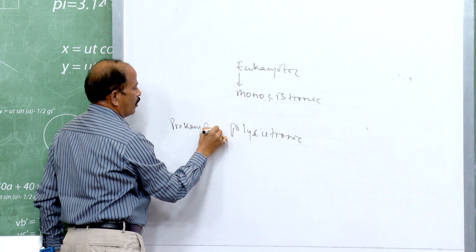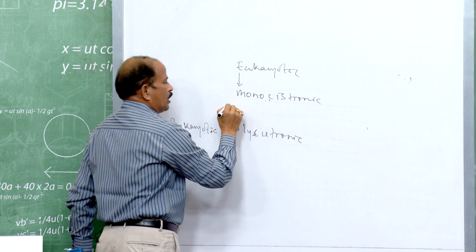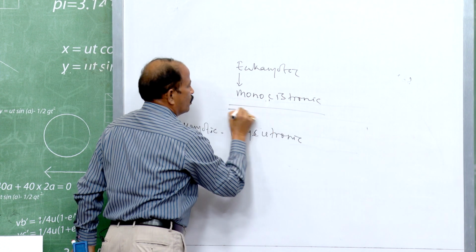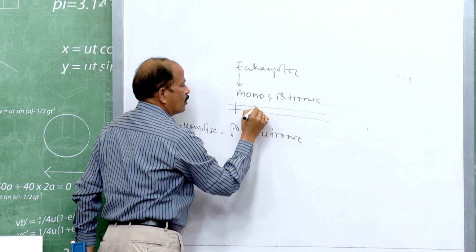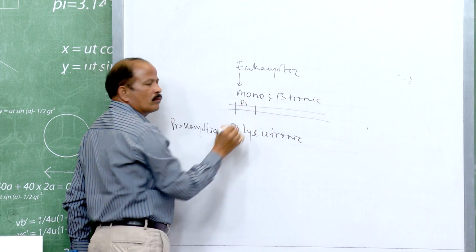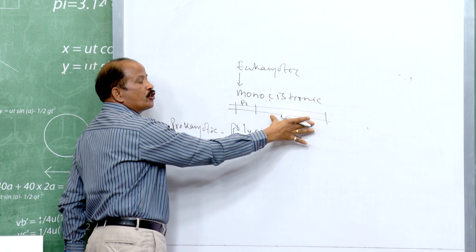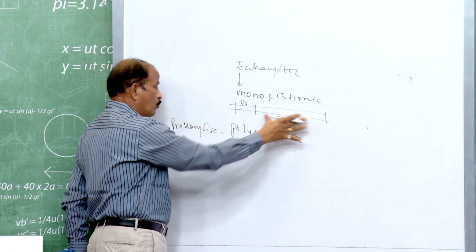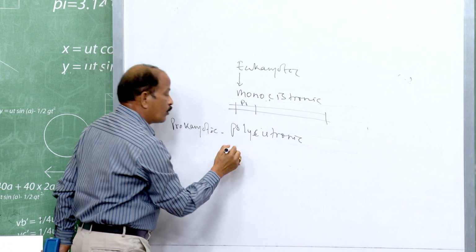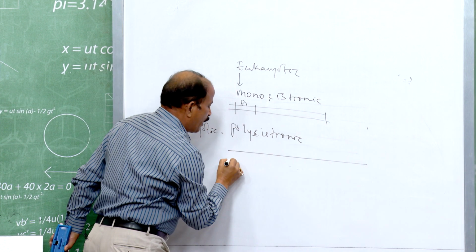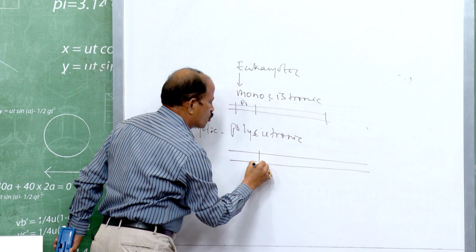What does it mean? A single gene here, in case of this, a promoter controls the transcription of a single cistron structural unit, but in case of prokaryotic system, many cistrons, many structural regions.